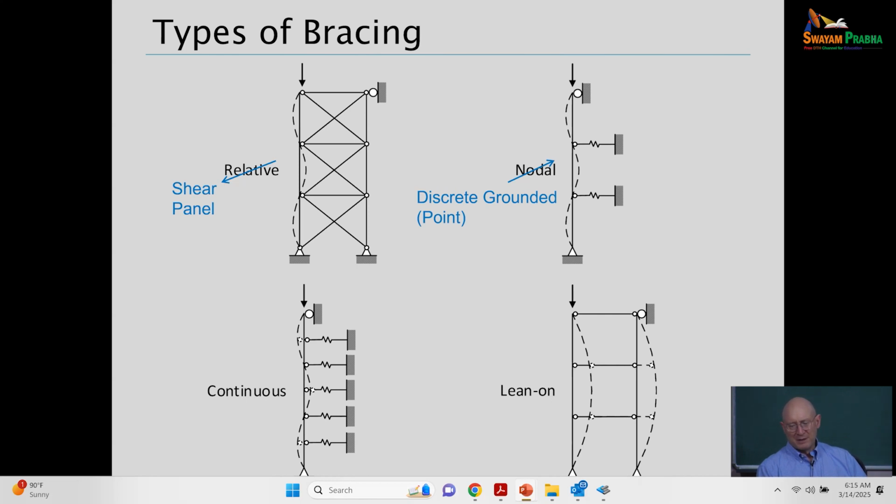Then, if we take either of those, and we have a situation where the column has a large number of brace points along the length, such that the spacing between the brace points gets small compared to the overall member length, then we're approaching continuous bracing. A good example of continuous bracing is a rail for a railroad, and you've got the railroad ties.